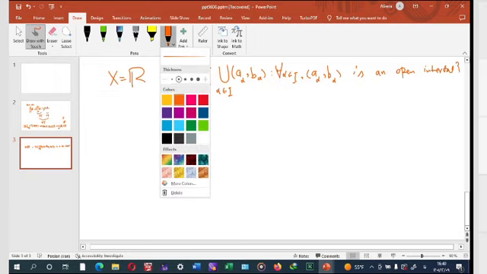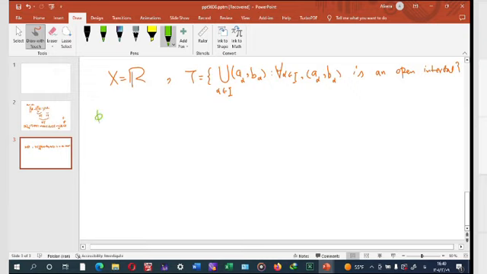I say that it is very clear that the empty set and R belong to tau, as the first condition.